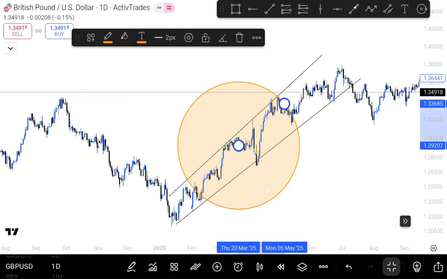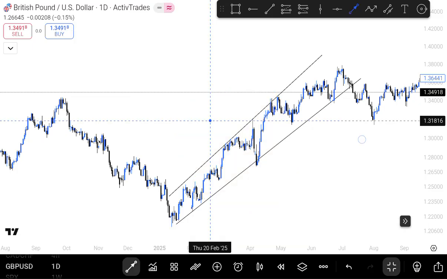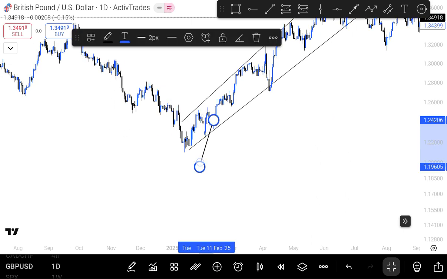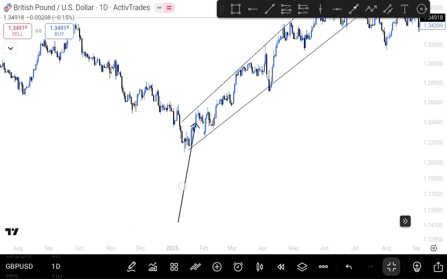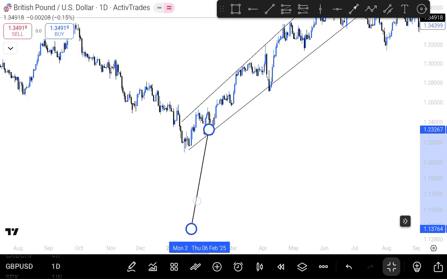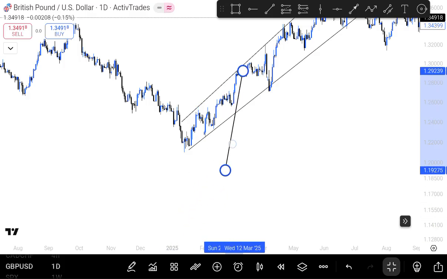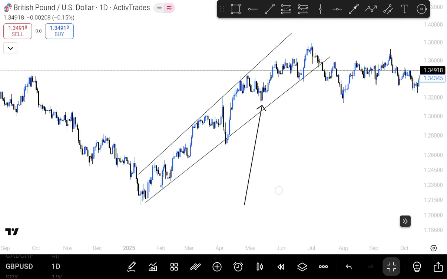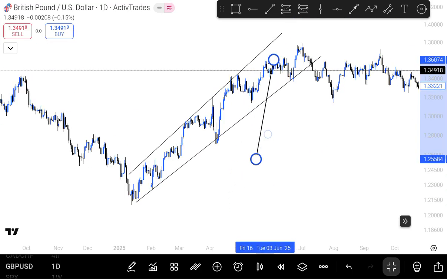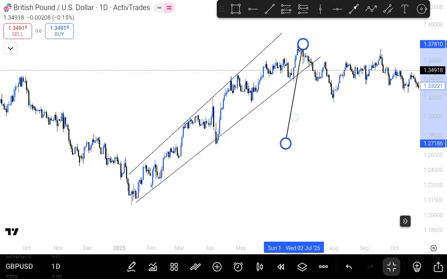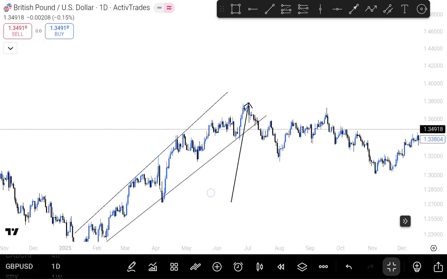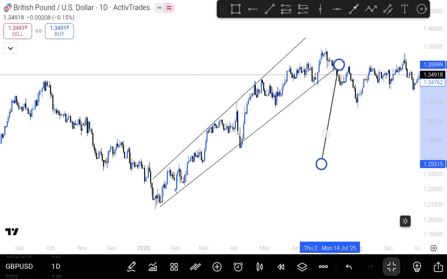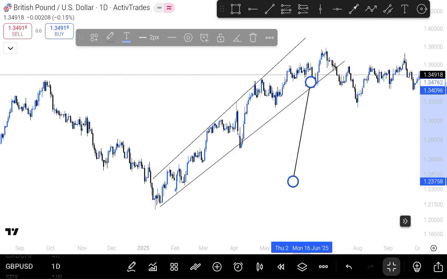It's forming higher highs and higher lows, higher highs, higher lows, and another higher high. So this particular movement of the market from this place to this side is an uptrend market.